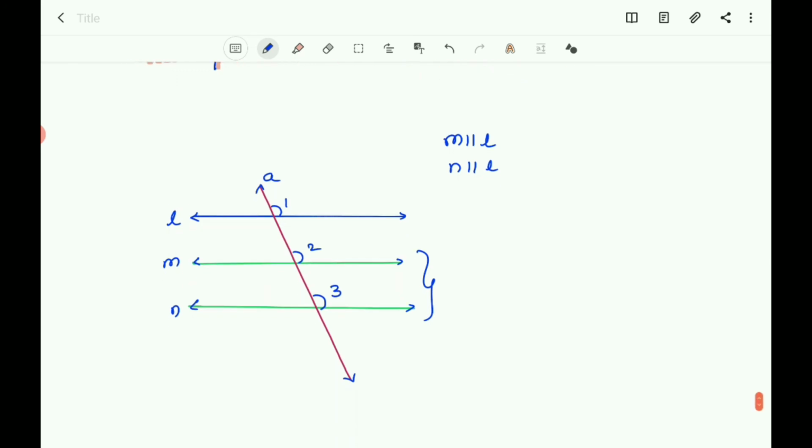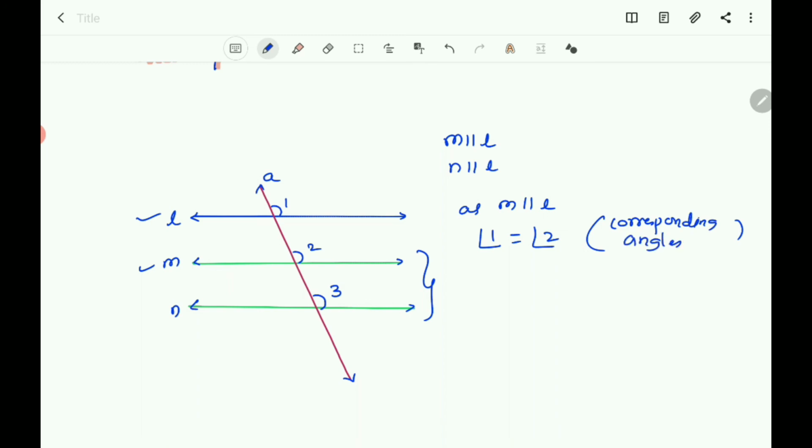Now here you know that as M is parallel to L, angle 1 must be equal to angle 2 because they are corresponding angles made by the transversal of parallel lines.